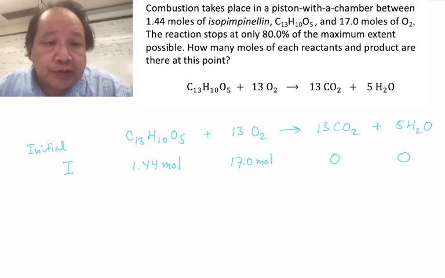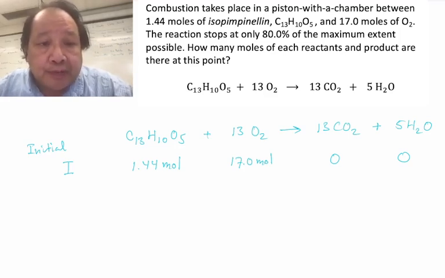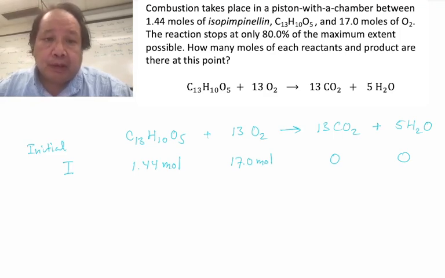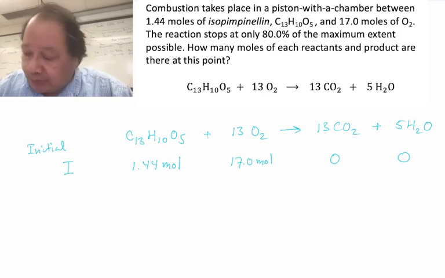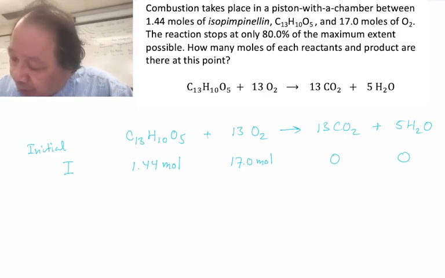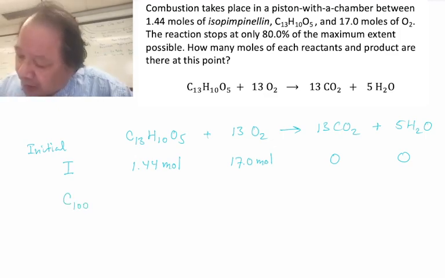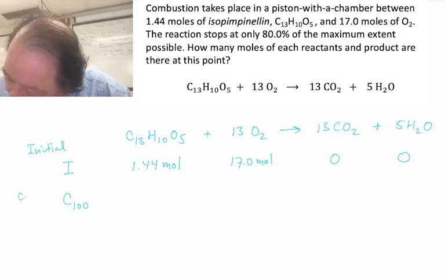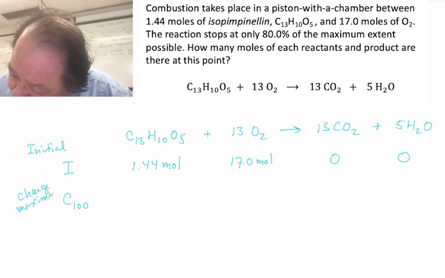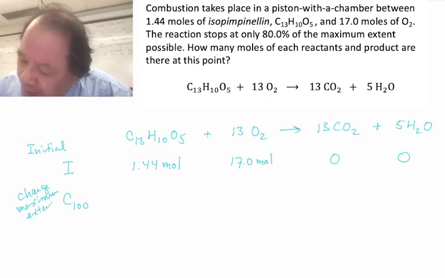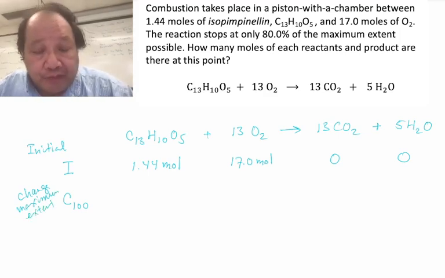And then the next sentence of the problem says the reaction stops at only 80% of the maximum extent possible. So what do I mean by maximum extent possible? Well, it's going to be the maximum change. So this is the C100 line, the change to the maximum extent. To figure out what that means, we have to look at the balanced chemical reaction.